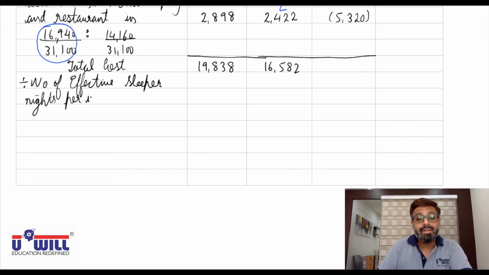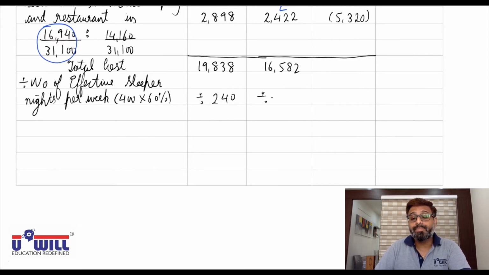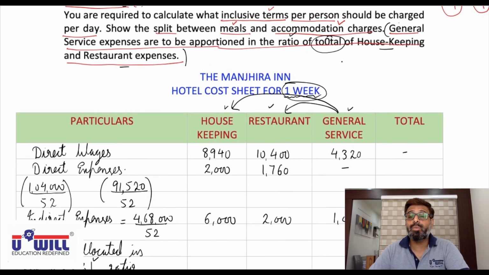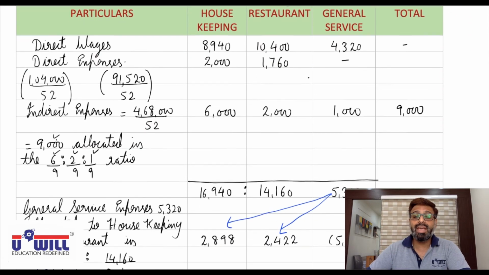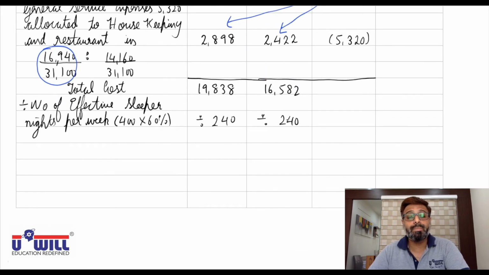Effective means which are really getting sold off. 400s, 60%, 240. Okay, we will divide it by 240 because we can recover the money from only 240 persons, though maximum capacity is 400 persons in 1 week, but only 250 people come and stay in the hotel per week. So we have to recover this cost from 240 people only. So number of effective sleeper nights per week 240.